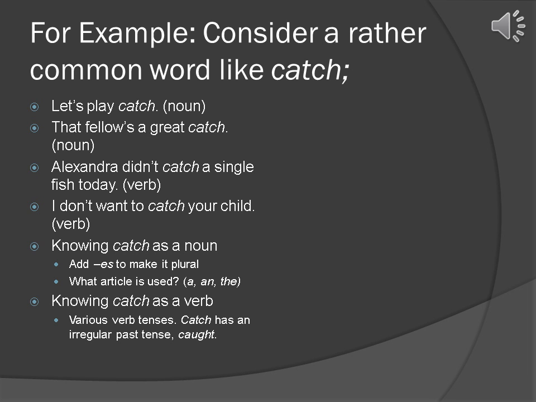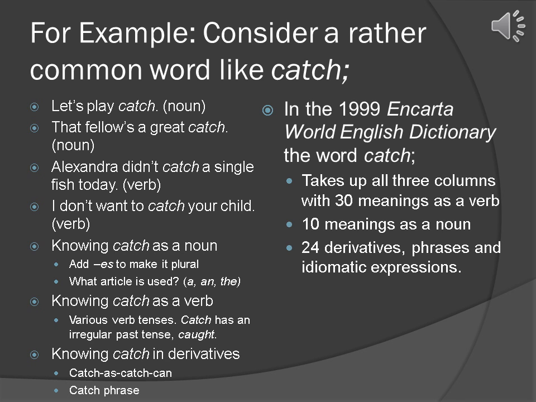Knowing catch as a verb, you need to know the various verb tenses. Catch has an irregular past tense of caught. Knowing catch in derivatives like catch as, catch can, and catchphrase. In the 1999 Encarta World English Dictionary, the word catch took up all 3 columns with 30 meanings as a verb, 10 meanings as a noun, and 24 derivative phrases and idiomatic expressions.